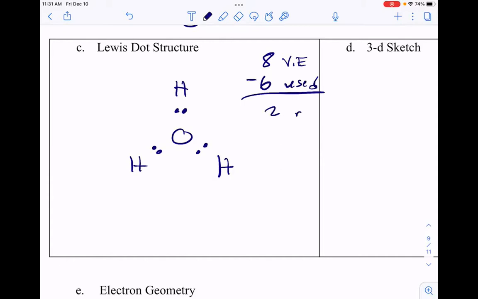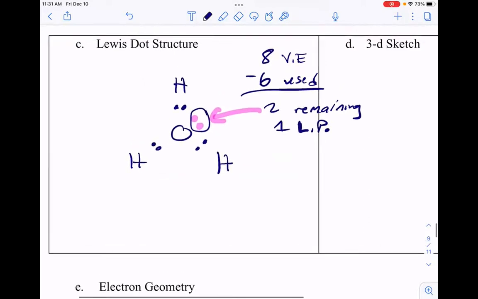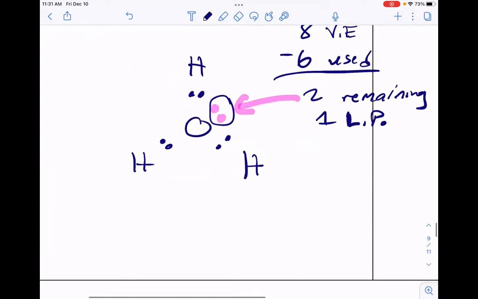So I have 2 remaining. So therefore, this is going to be translated as 1 lone pair.